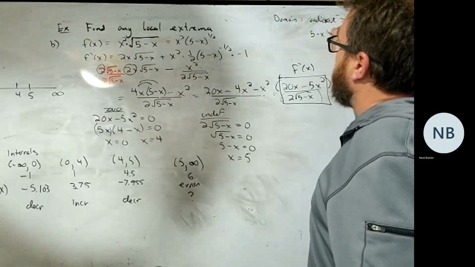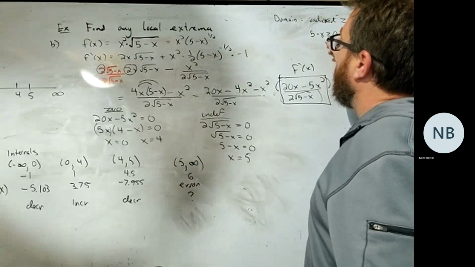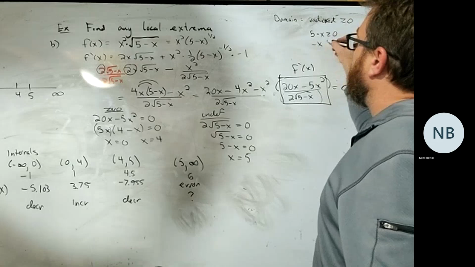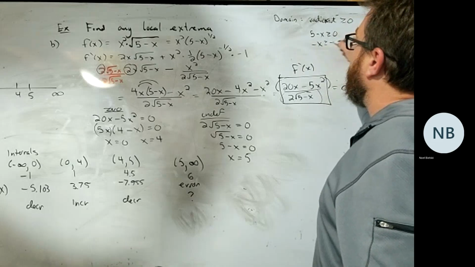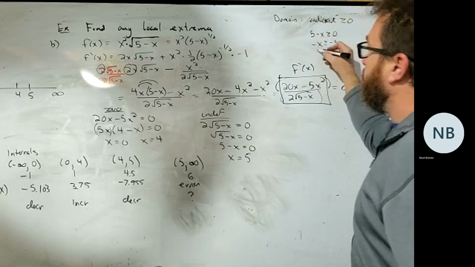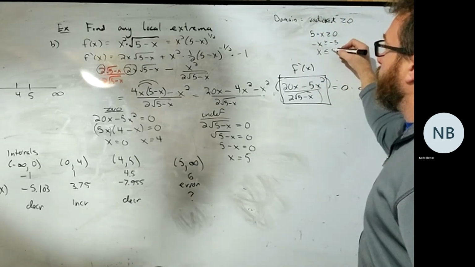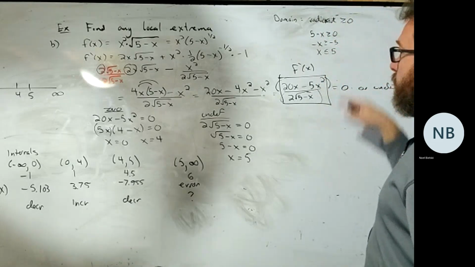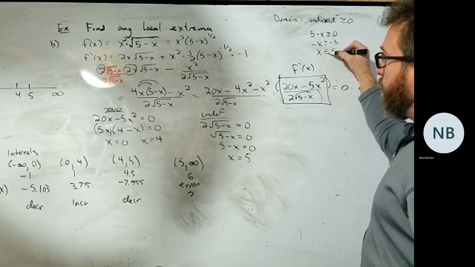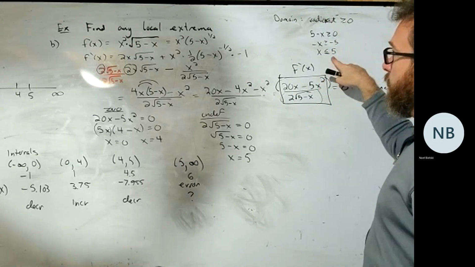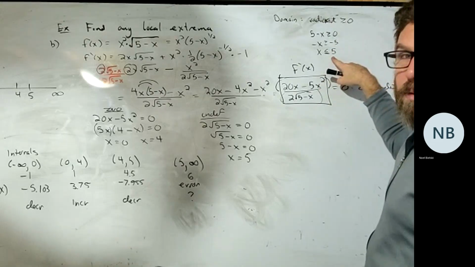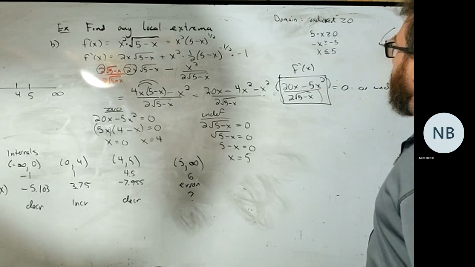So 5 minus x has to be greater than or equal to 0. So minus x has to be greater than or equal to negative 5. When you divide by a negative, it flips that sign, so x is less than or equal to 5. This means that technically 5 is an endpoint, because remember, radicals have endpoints.